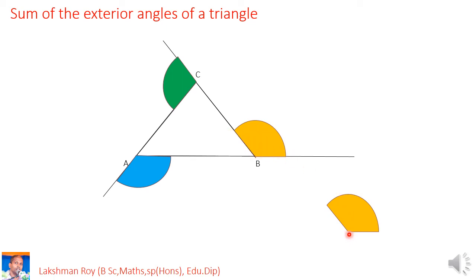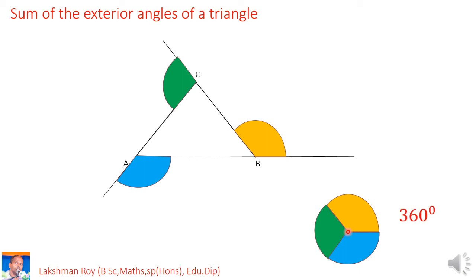So this is my vertex. Then I take this green angle and put it here, along this line and at this point. Then this blue angle I can put here. Now you can see, student, these three angles form a whole angle around this point, that is 360 degrees.